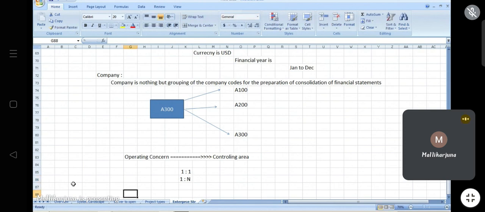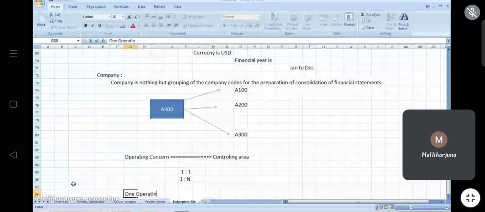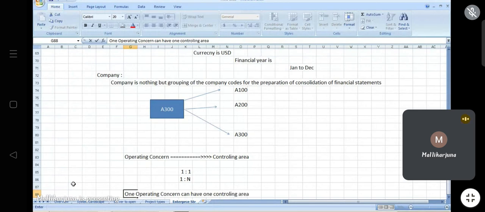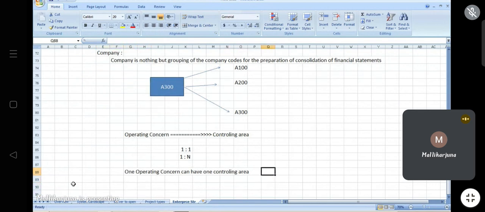That means one operating concern can have one controlling area, that is 1:1, and one operating concern can also have multiple controlling areas.